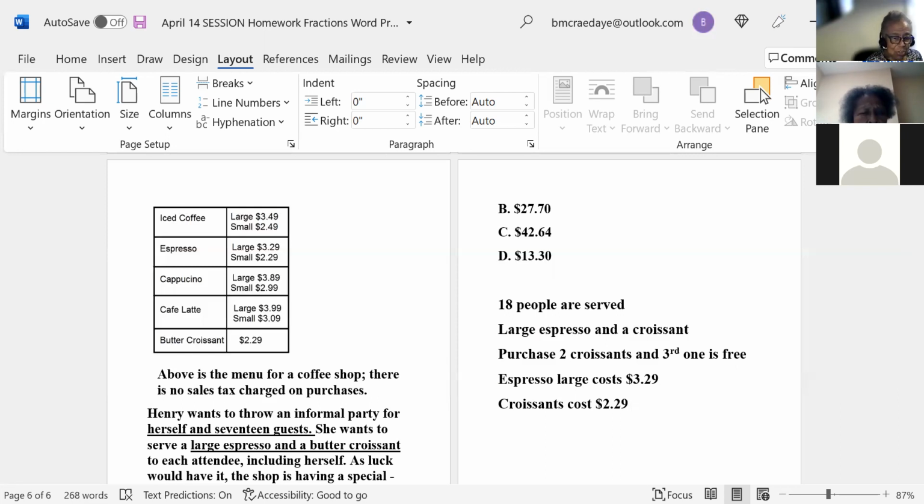How many espressos is she buying? 18. So if you multiply 18 times 3.29, that gives you the cost of the espressos. So multiply that out. Tell me what you get.